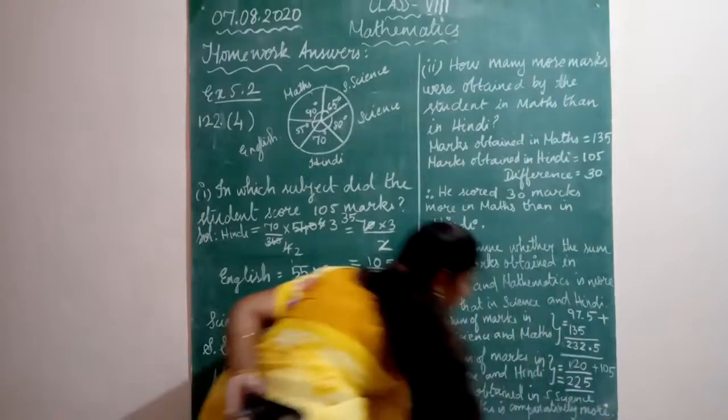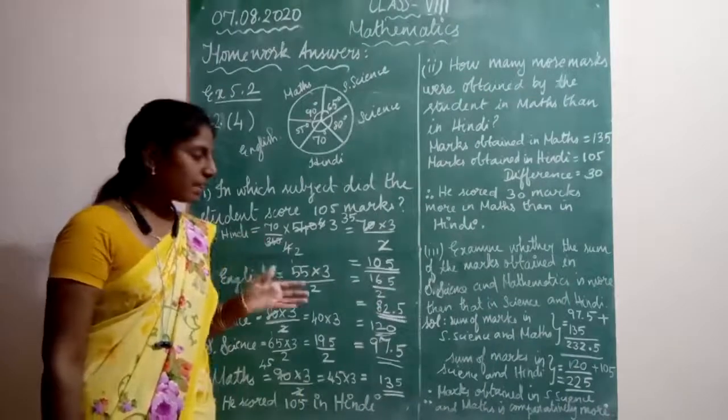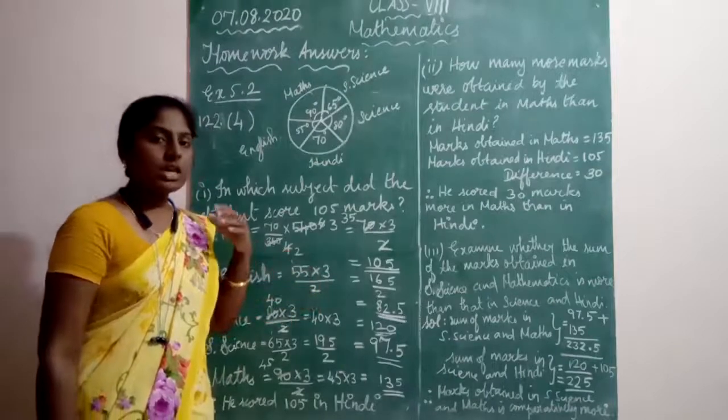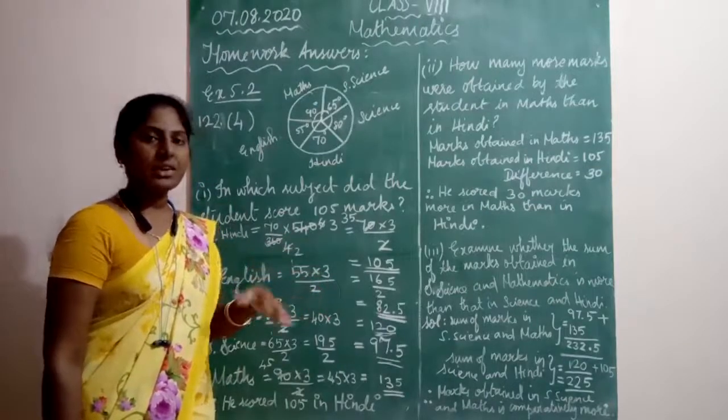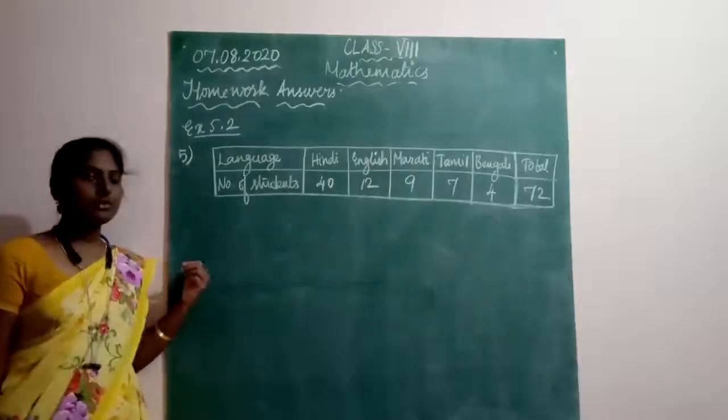Okay, the sum of marks obtained in social science and maths is more than sum of marks obtained in science and Hindi. So instead of writing again science and Hindi, you can write comparing to this one, that is more. Okay, so question is the fifth question.